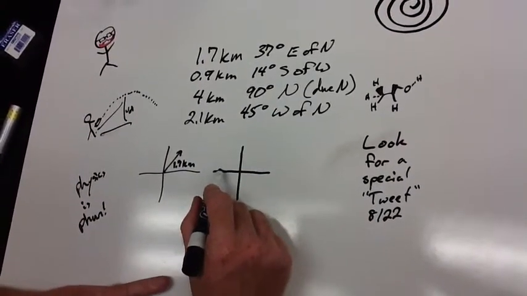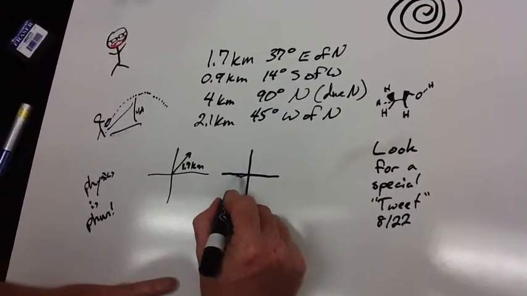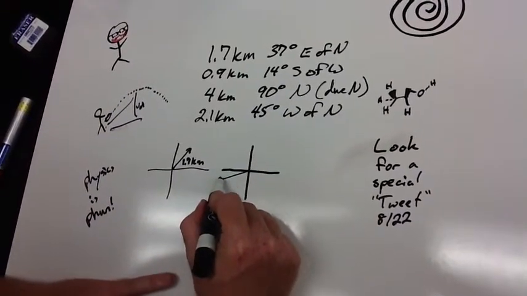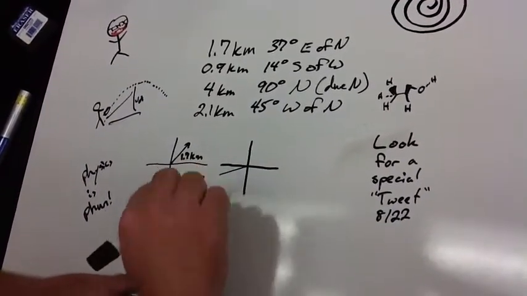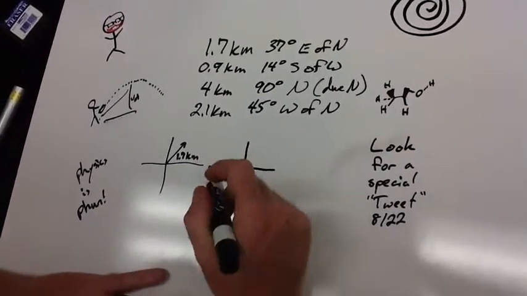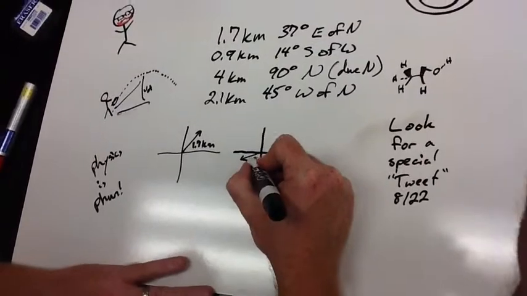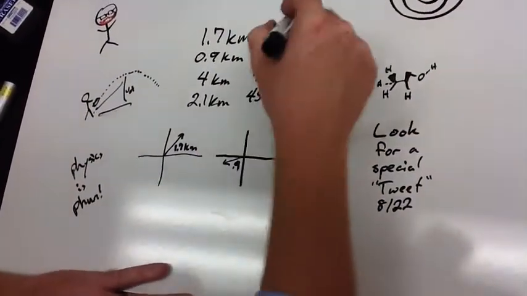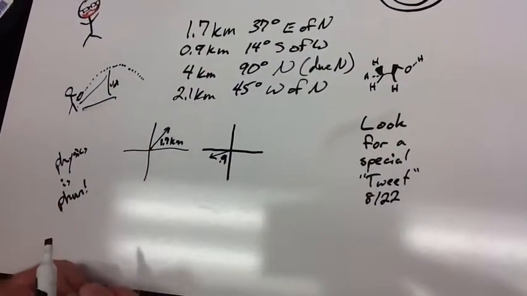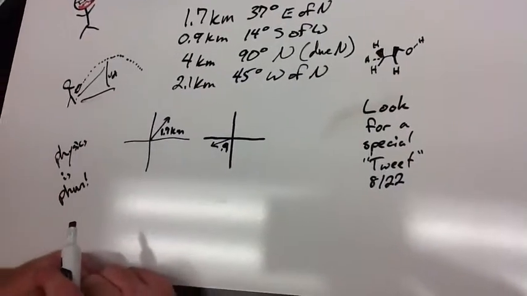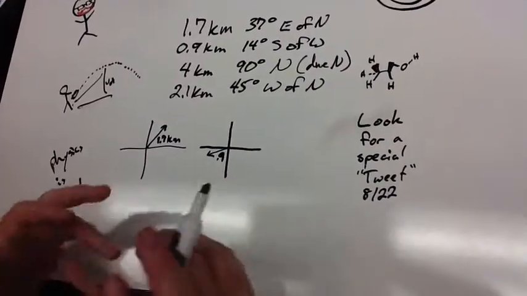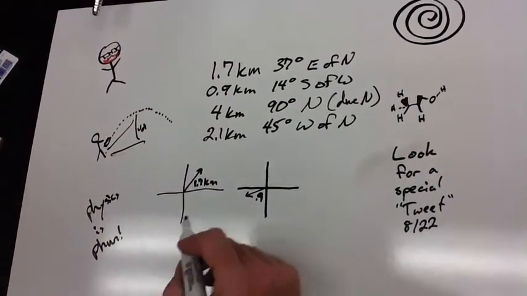Here's our west, and we're going to go 14 degrees. Now that's 0.9, so it's going to be smaller than our 1.7, so I'm going to make that a little bit smaller. There's our 0.9. Just because my numbers are off here, look at it up top, look at some of your previous stuff if you need to see those numbers a little bit clearer. I'm going to try to fit everything in here, though. All right, the next one.